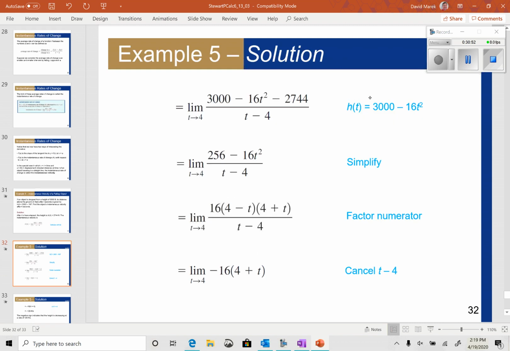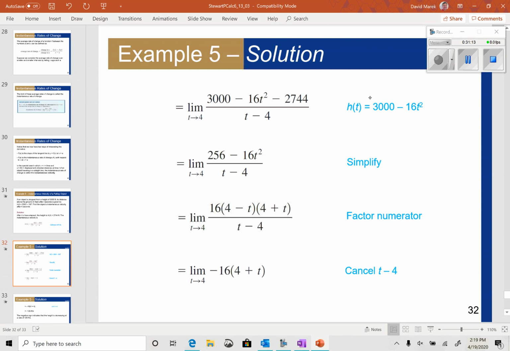So again, remember our function here, h of t was 3,000 minus 16t squared. They've got that off to the right side for you there. So 3,000 minus 16t squared minus h of 4, they said that previously, 2744, over t minus 4. Combine like terms.